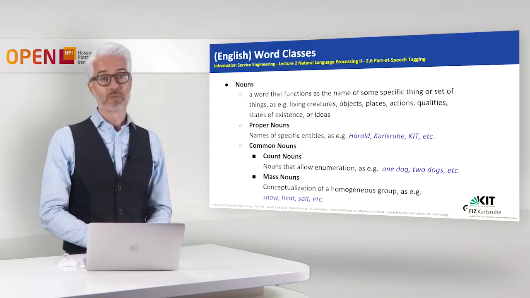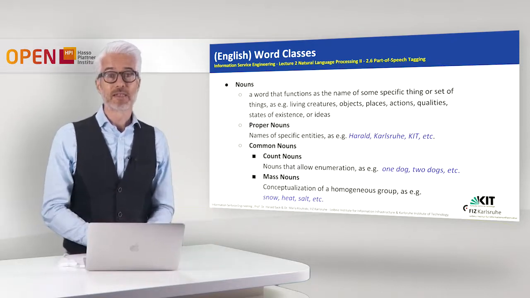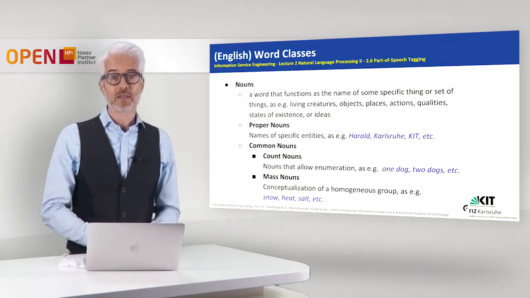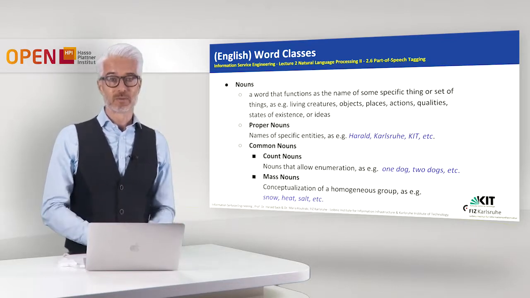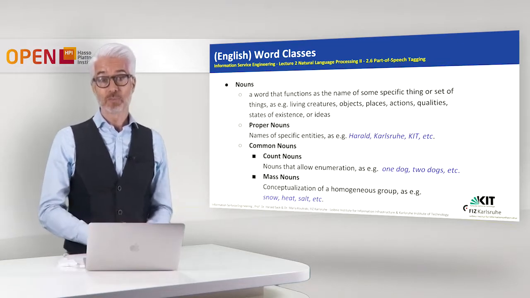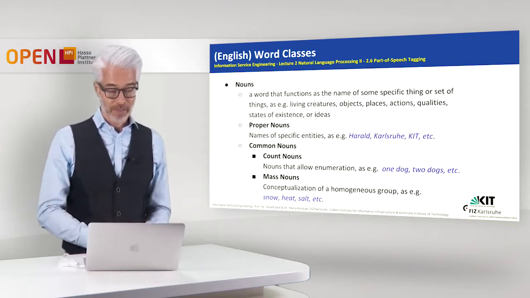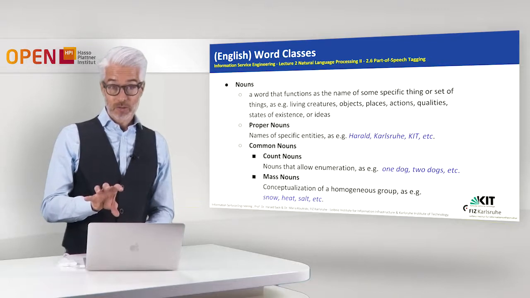So what is a noun? You all know what a noun is. A noun is a word that functions as the name of some specific thing or sets of things. For example living creatures, humans, we all have names, objects, places, actions, qualities, states of existence, ideas, etc. Among those nouns we make further distinctions.